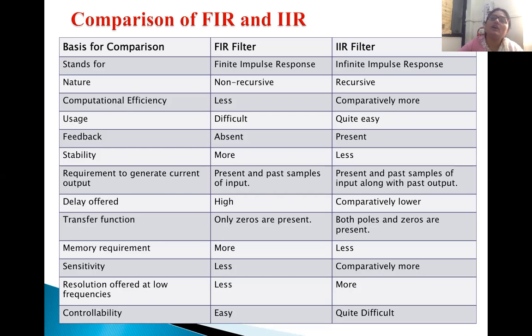This is because in an IIR filter, the output depends upon present samples of the input, past samples of the input, and past samples of the output. So output should be taken from the output towards the input, and as we are taking it from output towards the input, we can say there is a feedback mechanism in the IIR filter design, right?